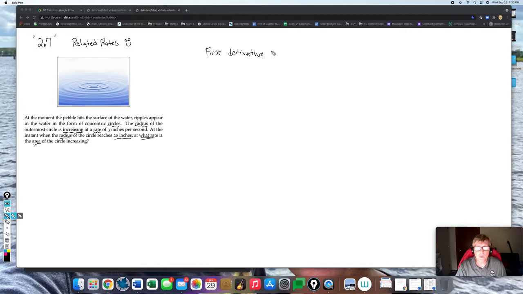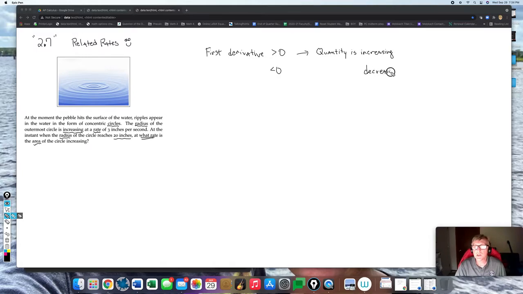If the first derivative is positive, is greater than 0, then that means that a quantity, it could be the y value of a function, it could be height, it could be something else, is increasing. And if the first derivative is less than 0, then we say it's decreasing.